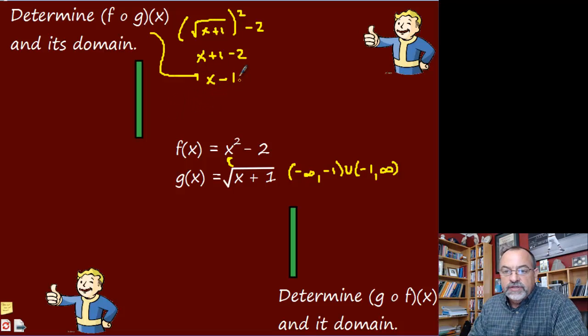Now we want to determine, does this new function create any new restrictions on what we have already? And it doesn't. So the domain of our new function is going to be the same as the domain of the g function which we began with. So the domain of this function is going to be any real number except negative 1.